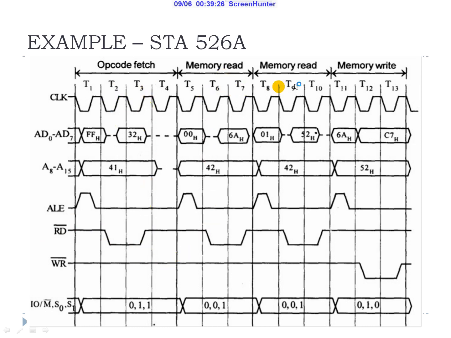For the other memory read operations we also give the read signal from the second to the third T cycles, as drawn here. You draw this RD signal from second to third, and here also from second to third.